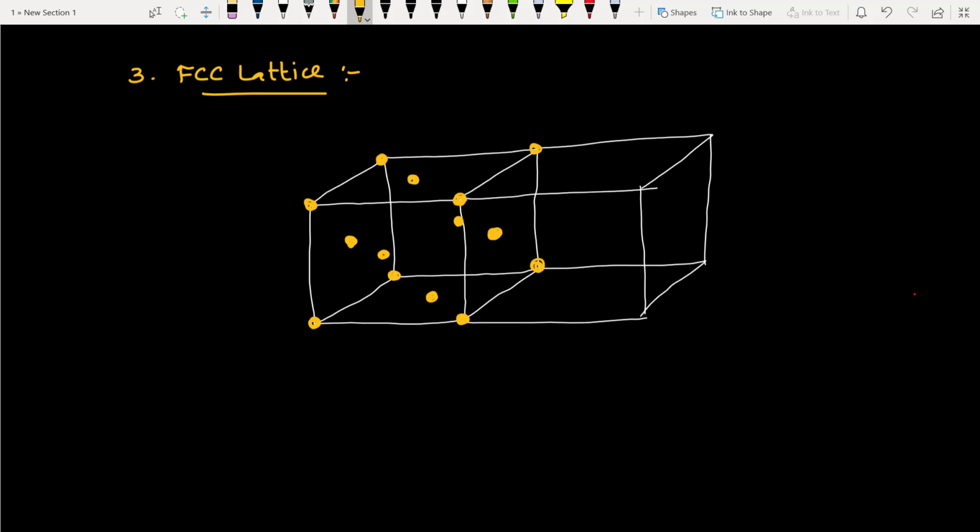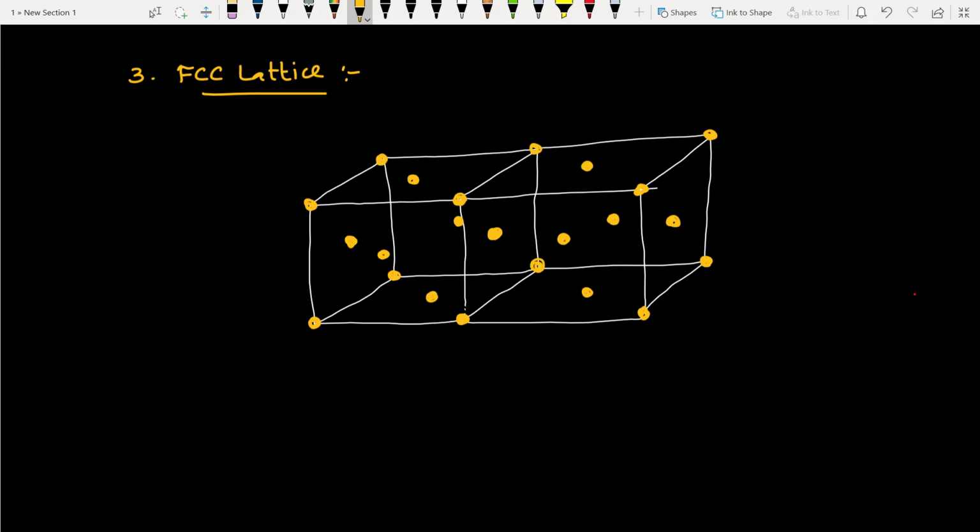Firstly corner atoms, 8 on the corners, top face, bottom face. On the left face already it has atom, right face, front face, back face.